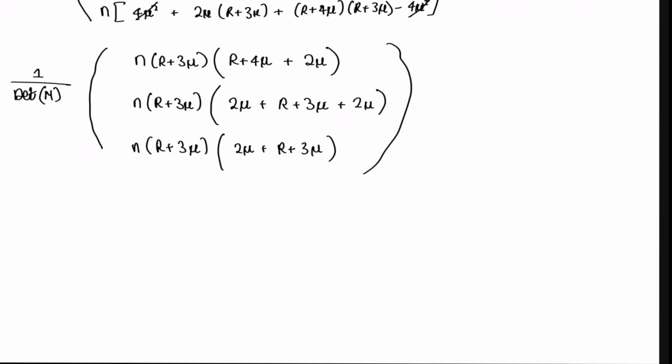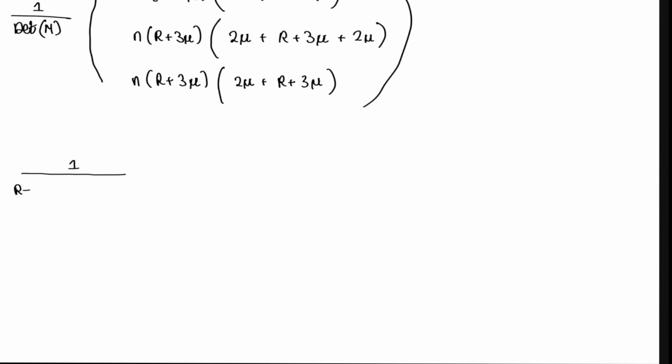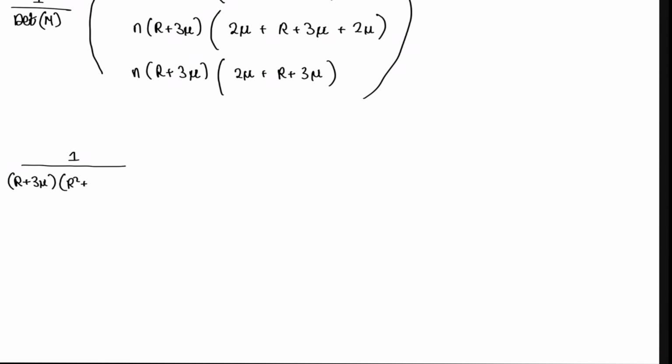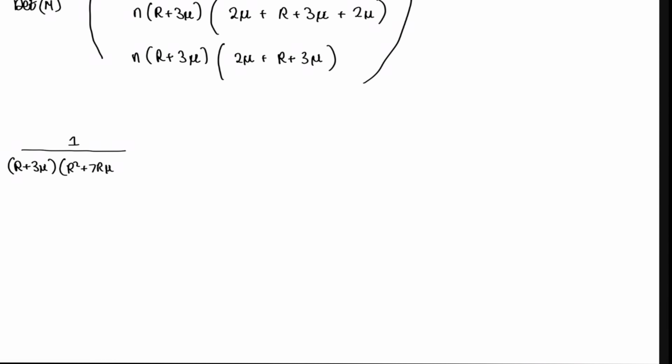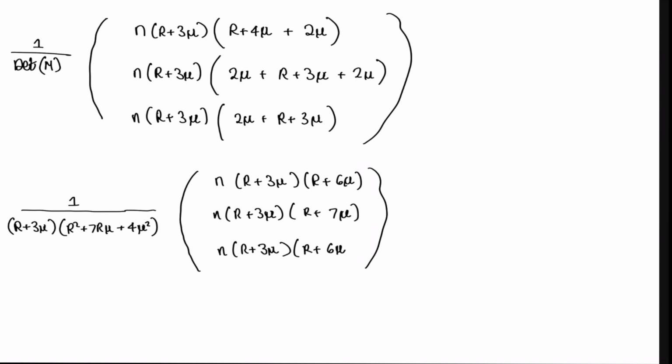And therefore, we get 1 over the determinant, which was r plus 3 mu, brackets r squared plus 7r mu plus 4 mu squared, multiplied by eta r plus 3 mu, r plus 6 mu, eta r plus 3 mu, 7 mu. So we get this.